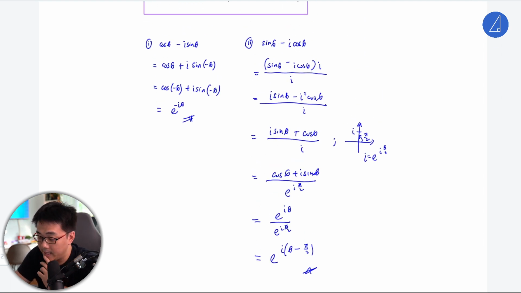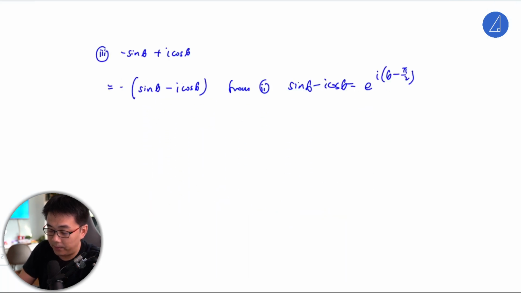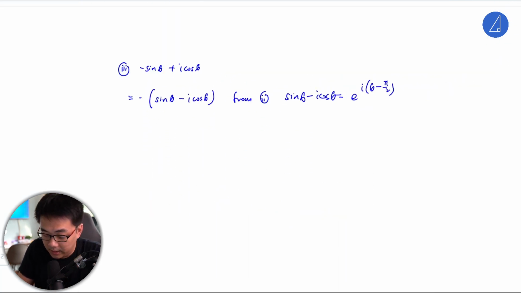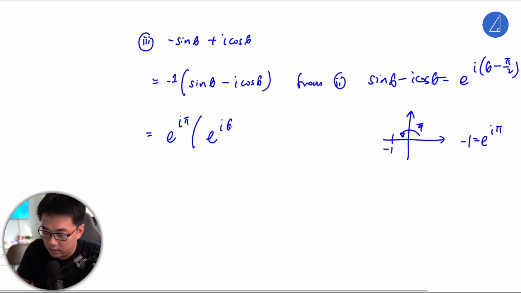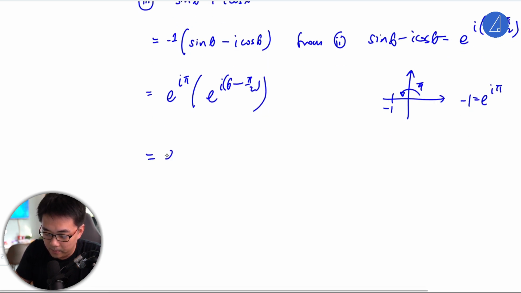Then what I'm going to do is just replace this in. There's a negative 1 in front here because I factorized this out. So just remember that negative 1 is also in exponential form. If you draw the Argand diagram, negative 1 is at pi, so negative 1 is e^(iπ). So e^(iπ) times e^(i(θ minus π/2)), then just add the powers up.